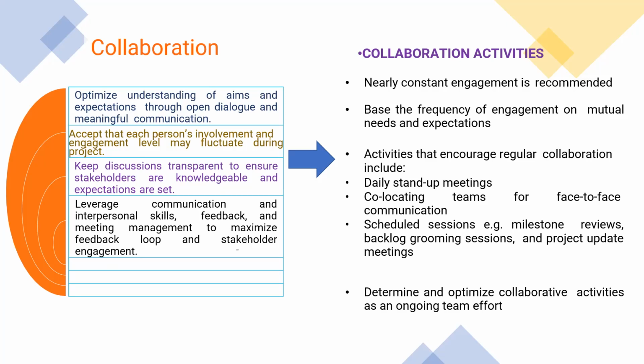Now, what are collaboration activities? In collaboration, nearly constant engagement is recommended. Mark the word, nearly constant engagement, nearly. However, it has to be based on the frequency of engagement as informed by mutual needs and expectations.